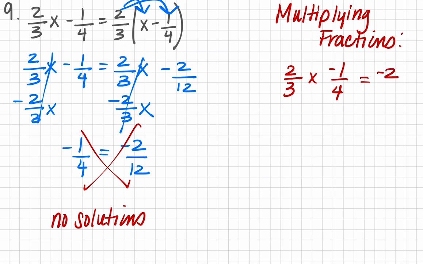It's negative 2. Just multiply the top to get the top answer and multiply the bottom to get the bottom's answer. And then you can break that down even more to negative 1 over 6. So no solution sometimes is your answer.